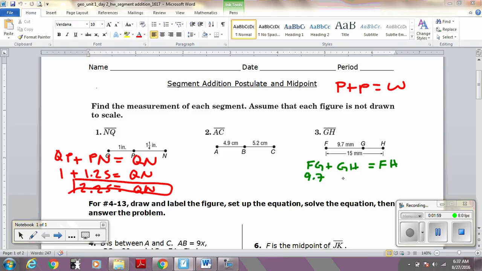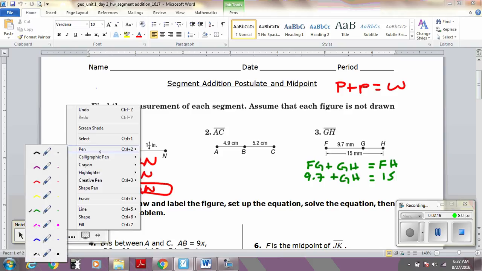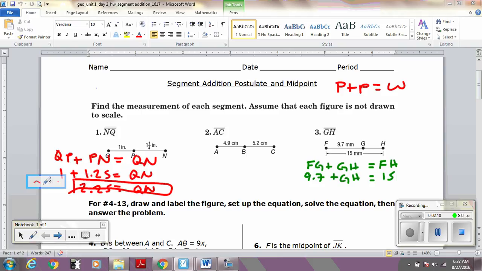We don't know what GH is, so carry it down. We know what FH is, it is 15. So we'll have to subtract both sides by 9.7 in order to find out what the result of GH is.